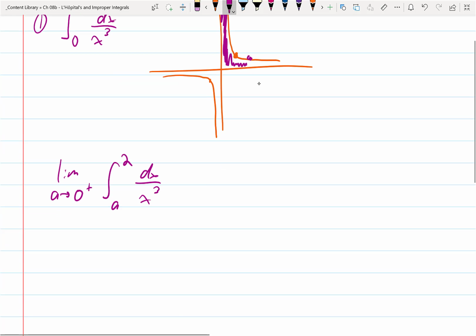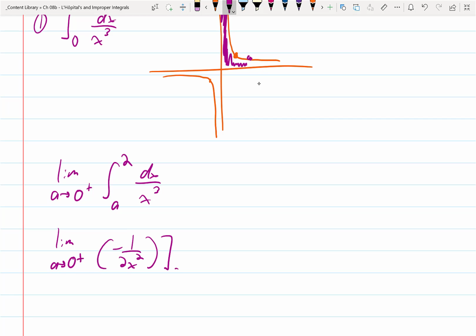Okay, so now integrate it. Still have the limit as a approaches 0 from the right of, this is going to become -1 over 2x squared, evaluated from a to 2.